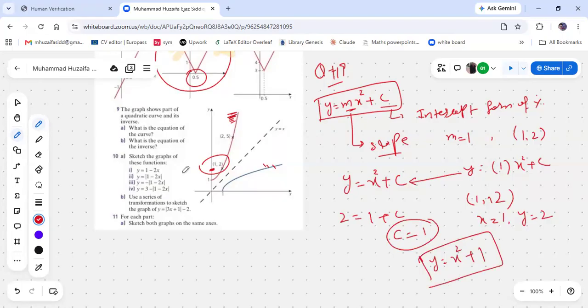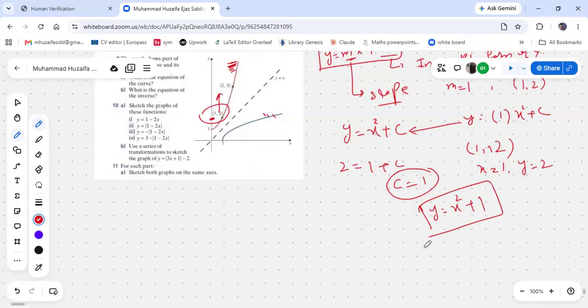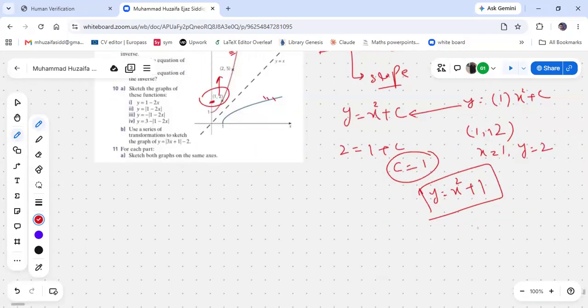Yes. Okay. When we are moving from this point to this point, our point is 2 and 5. So x is equal to 2, and y is equal to 2 square plus 1, which is equal to 5.